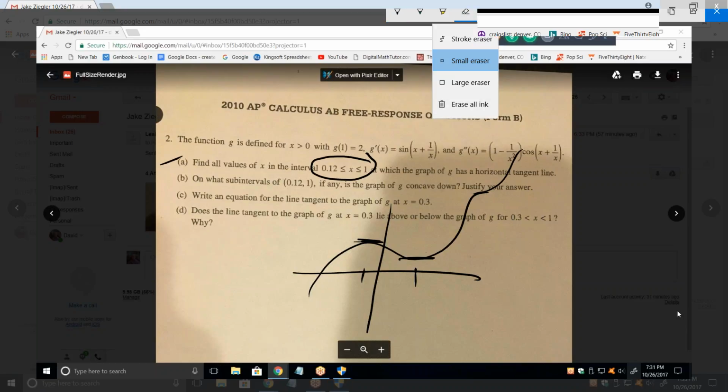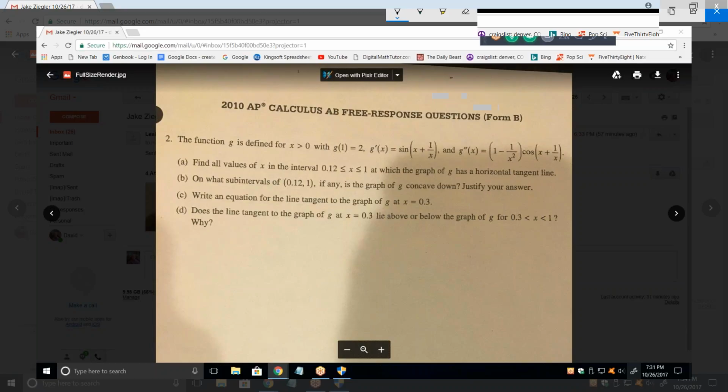In this curve that I just drew, the first derivative is 0 at that point, and also 0 at that point. So there's the first derivative, and they're saying, where is that 0?